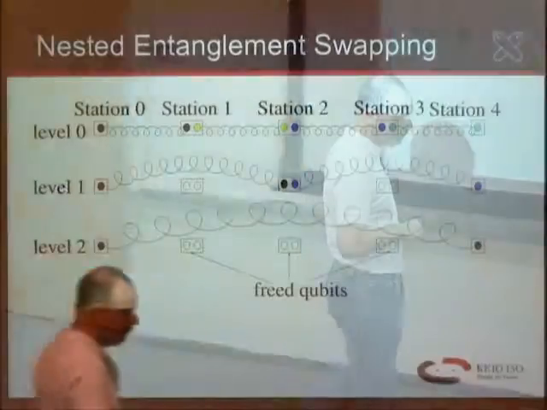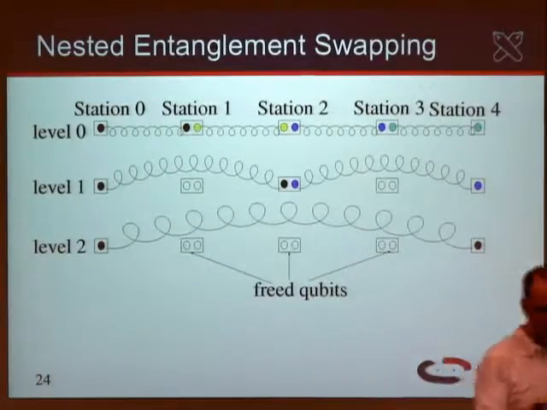This is the nested purify and swap architecture that was designed originally by Dür and Briegel. If you go back and read those original papers, as a systems architect, it becomes a little bit hard to tease apart where the entanglement swapping is and where the purification layer is in the overall system. They've got it essentially as one integrated system. The protocols are sort of bound together.